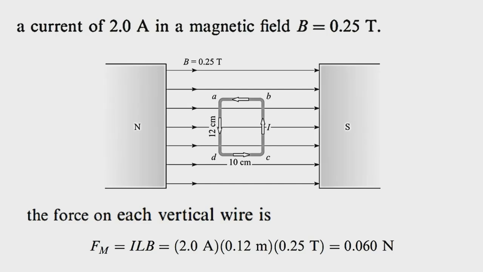So I is equal to 2 amperes times L, which is equal to 0.12 of a meter, times the magnetic field, which is equal to 0.25 Tesla. And so the force on each vertical wire is equal to 0.060 Newton.